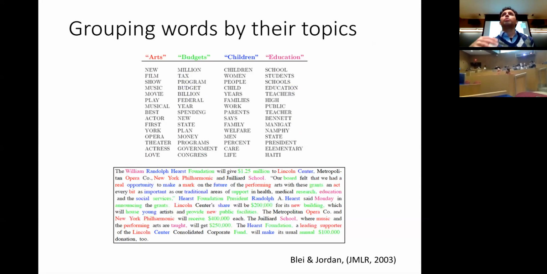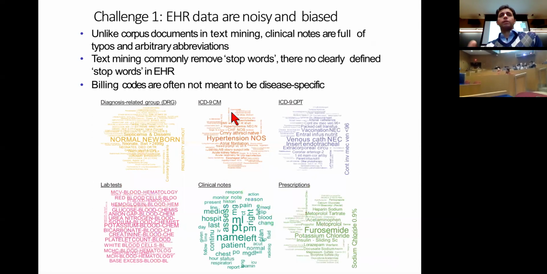Everybody with me here? So what we're going to do is a very similar approach, where we're now going to learn healthcare topics associated with different words and then infer the disease topic of each person based on the set of words that their clinical record contains.